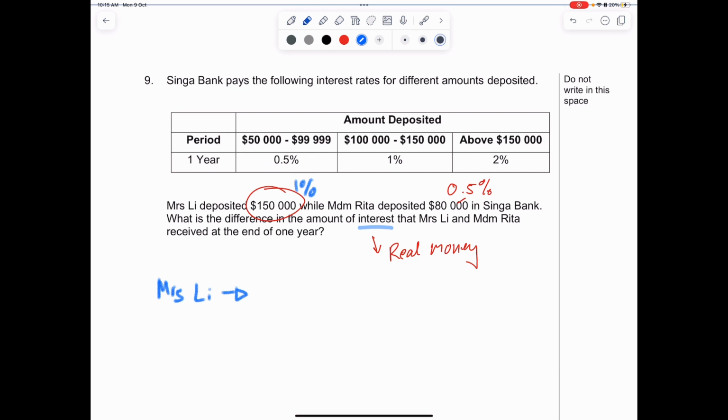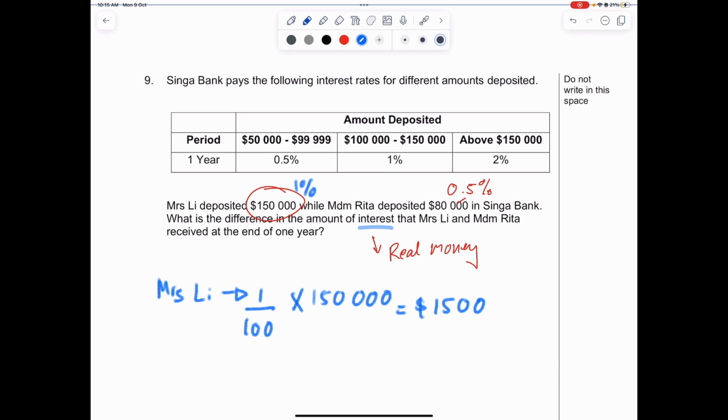So Mrs. Lee, because I want real money, my right hand side will be 150,000 times 1%, 1/100. So in this case, your answer would be 1500. This is the interest earned by Mrs. Lee.